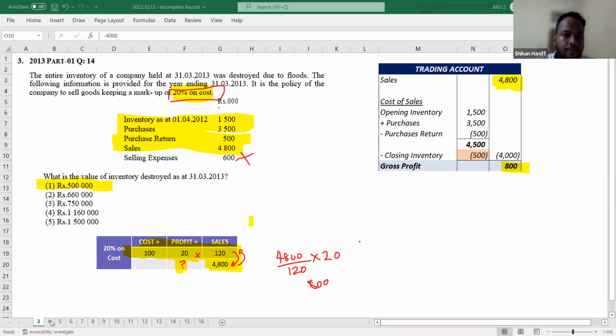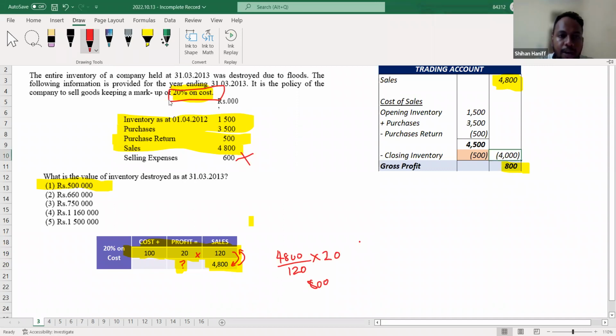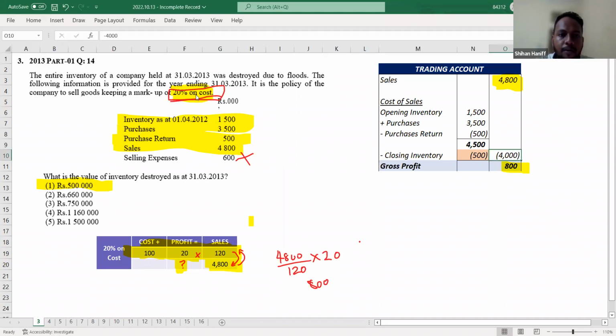Okay, so move to another question. Yeah, there's a doubt. The example you used shows 20% can be used in any. Can we use this for any question? Yes, you can use this for any question, but the only thing is you have to see whether it is on cost or on selling price.